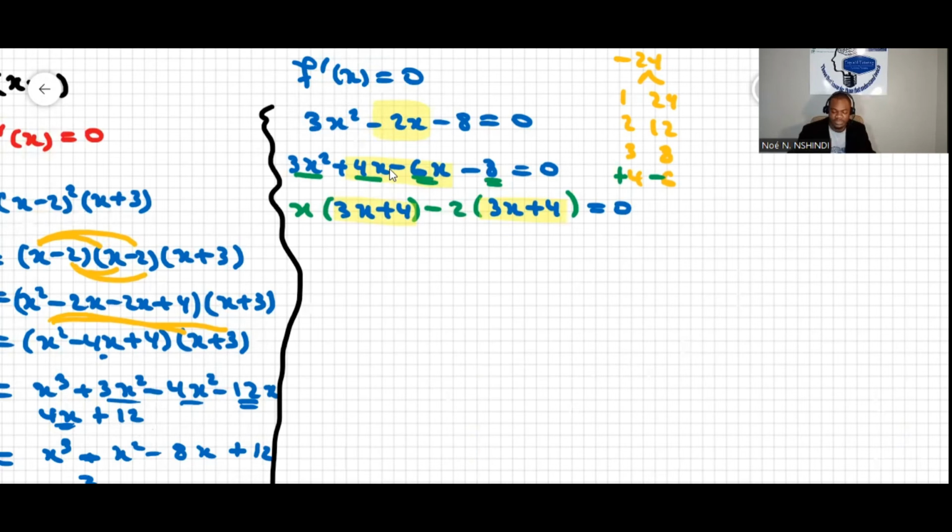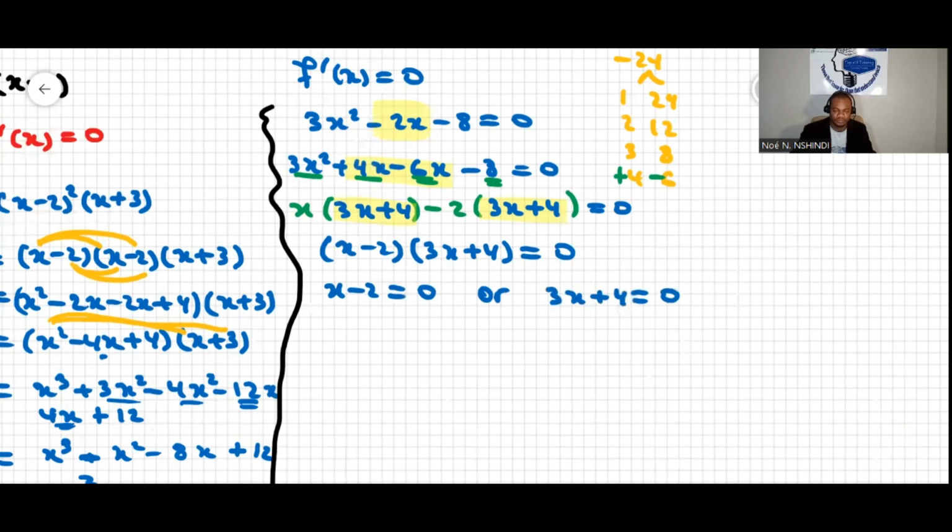Now this is just x minus 2 times 3x plus 4 equal to 0. So x minus 2 is 0, or 3x plus 4 equal to 0. This means that x is equal to 2, or x is equal to negative 4 over 3.